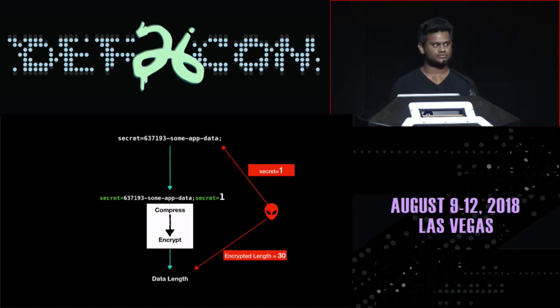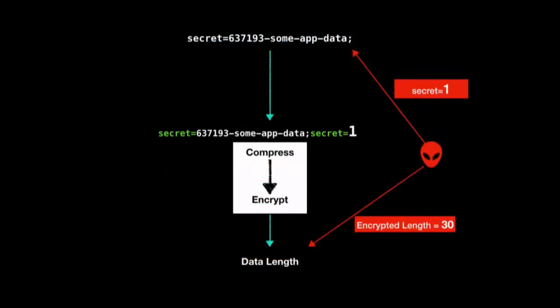So the final output would look like the one above the compression block. Once that comes out of the black box, what the attacker can observe is the encrypted data length. As we already said, this is the compression oracle here. So he can look at the length, and he can also inject his own bytes.